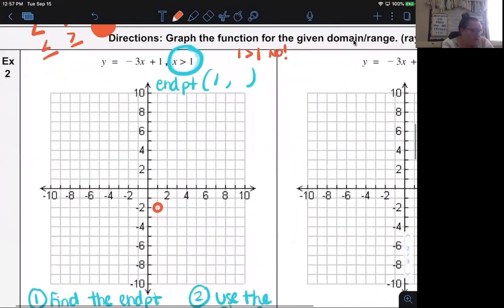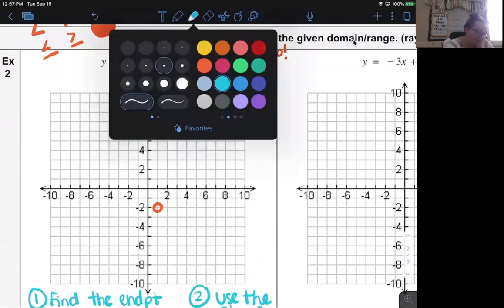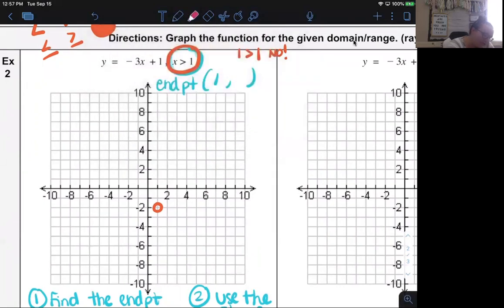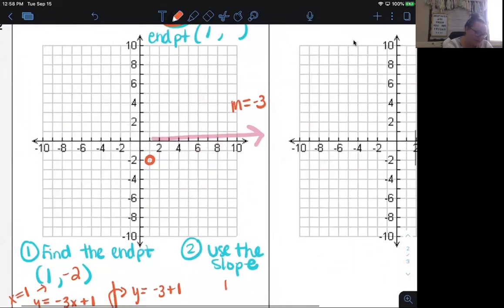From there, we are going to use our slope to find other points on our line. However, we're going to go in the direction of our restricted domain. We only want the values where x is greater than 1, off to the right. So where I start with my endpoint, I want to make sure I move to the right. My slope is m equals -3.